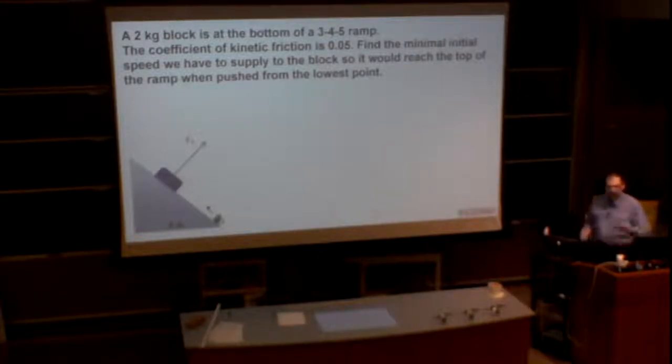And again, as we saw before, if the initial speed is not very high, it might stop somewhere in the middle-ish of the ramp and start sliding back. There is a specific speed we have to supply, so the box would stop right at the top of the ramp. If we gave a push a little bit harder, it would fly over. So that's what we're looking for, that critical speed.